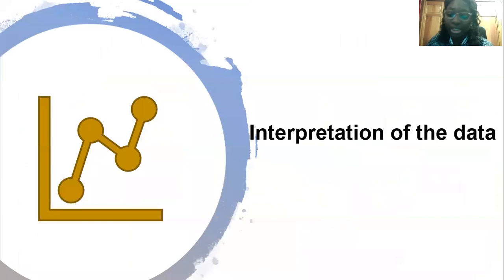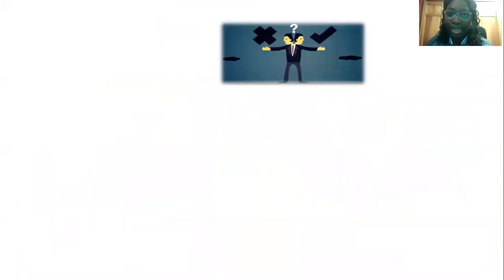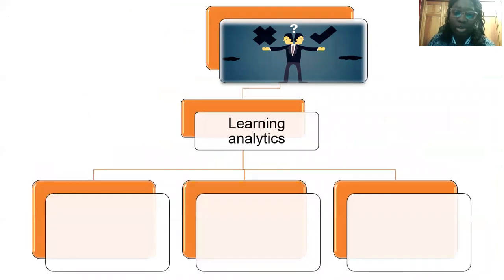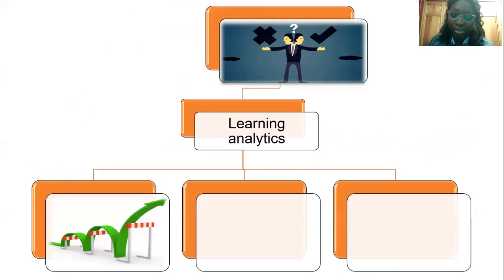Now for the interpretation of the data, let's take an example. In the preparation phase of a course, a professor wants to discover the actual gap that his students have for a specific chapter. You know then that we are dealing with learning analytics. Learning analytics will help the professor to recognize the learning objectives that are not properly addressed.